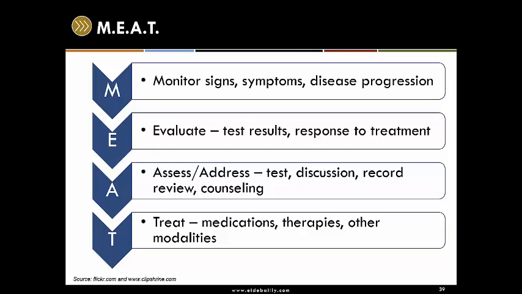M is to monitor the signs, symptoms, the disease progression. E, to evaluate the test results, the response to treatment. A, assess, address, test, discussion, record review, counseling. And then finally, treat. What are our medications, our therapies, our modalities? And this doesn't have to be lots and lots of words always.